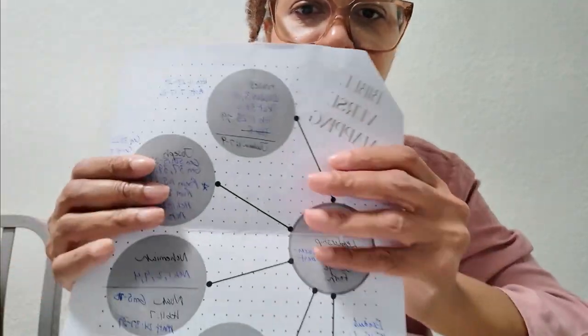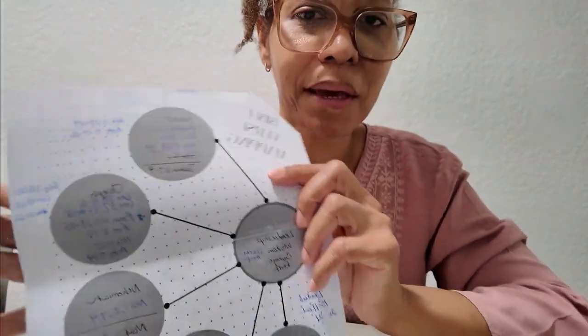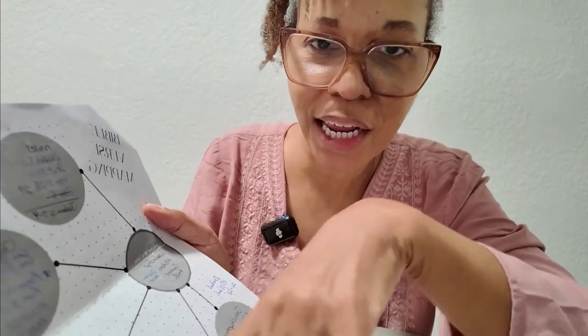Just be creative with how you use this. It's just kind of like a visual mapping guide, and it's very helpful because once you start writing it out, it kind of triggers a lot of other ideas.